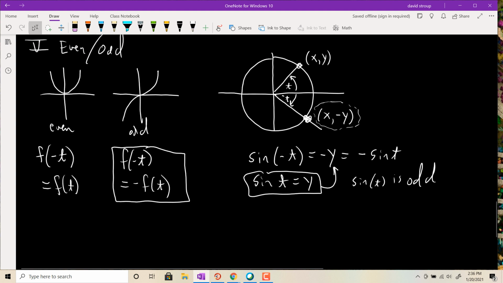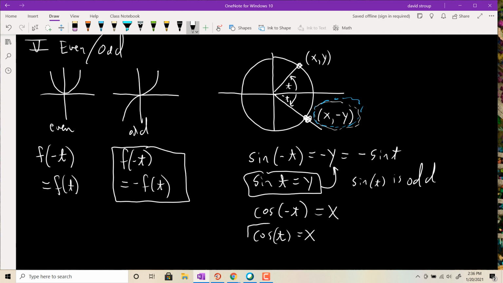And then we can do the same thing with cosine. So what is the cosine of negative t? We recall that cosine of positive t is just x. If we look at the coordinate above, the cosine of negative t, the x-coordinate there, is just x. So you put x here, and then doing a substitution, x is equal to cosine of t.